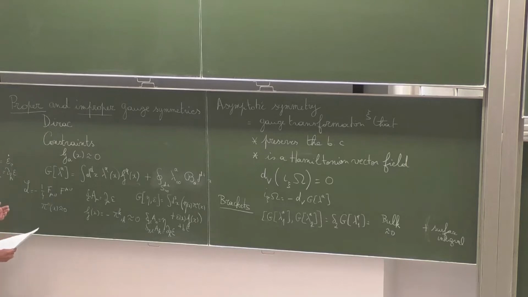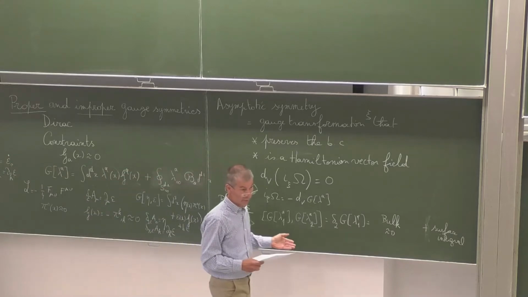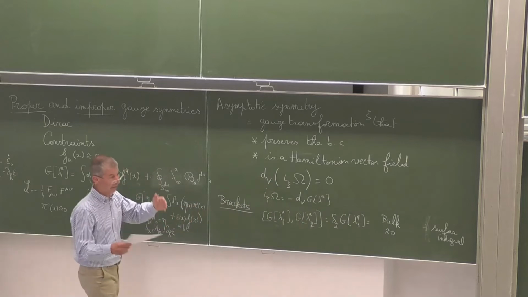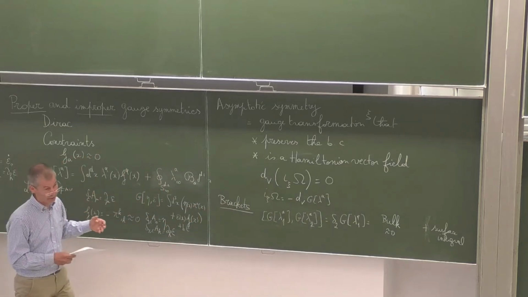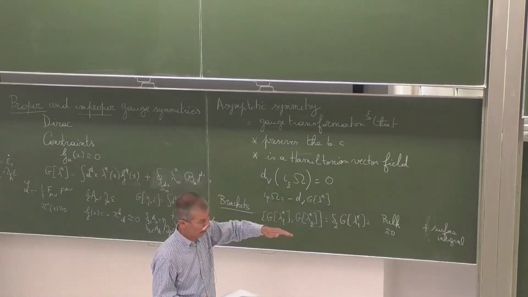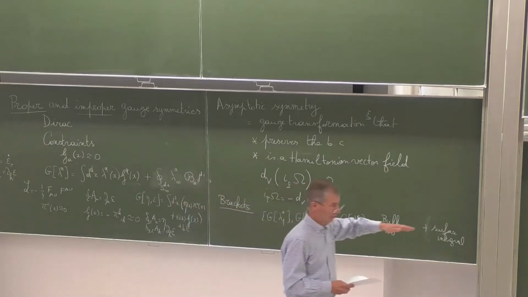Another way to say that is that the generators of improper gauge symmetries are true physical observables. When you go to the constrained surface and take the quotient by the proper gauge transformations, you go to the reduced phase space. We know that the symplectic structure is degenerate, so it's a pre-symplectic structure on the constrained surface.